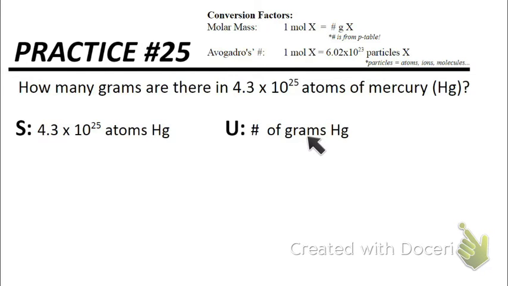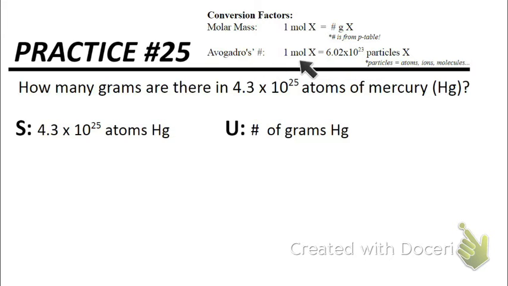The answer is no. This one has moles and grams, and this one has moles and particles. Remember, particles can also be atoms, so moles and atoms. But not one of them contains both atoms and grams. So that means we need to combine them in a daisy chain, aka we need to do 2 steps.